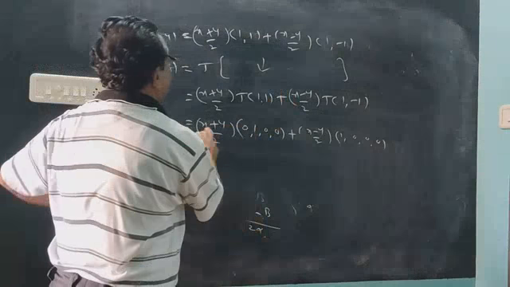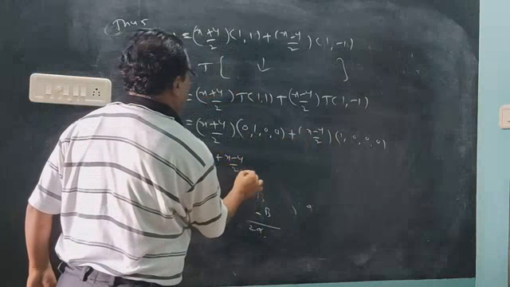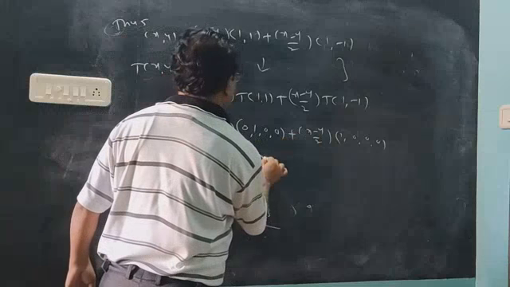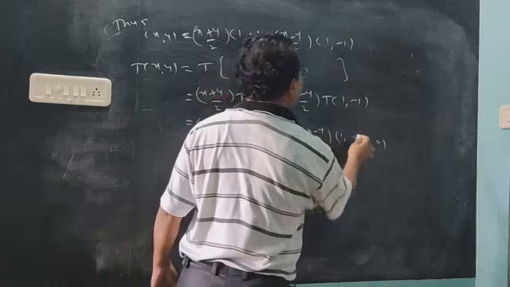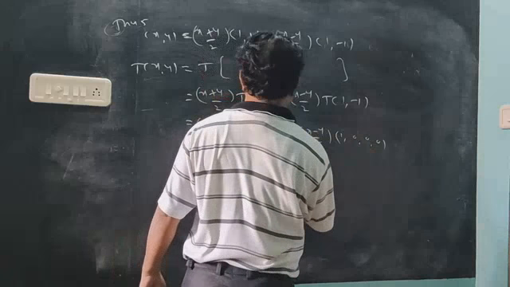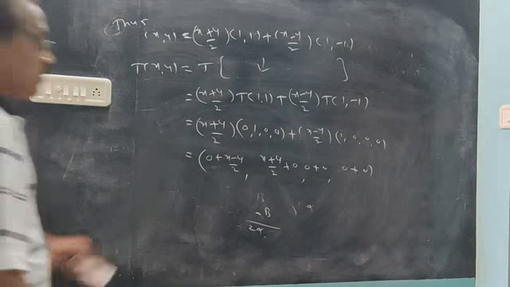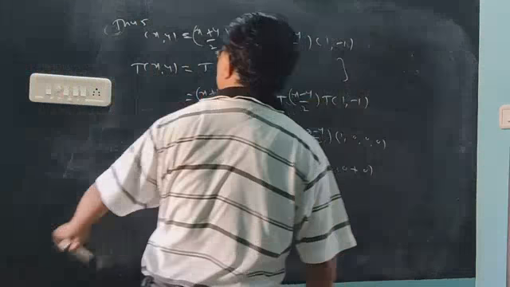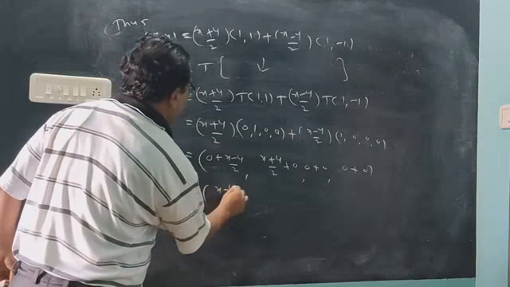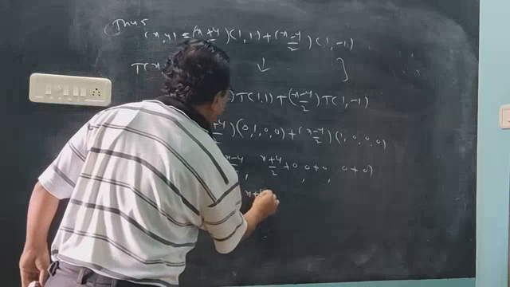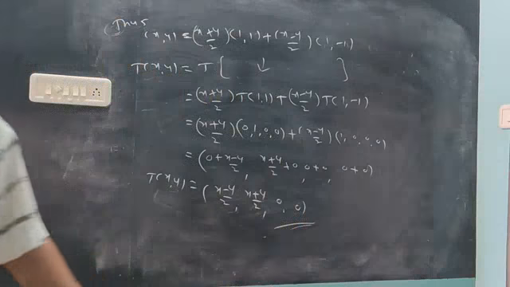Simplify: into (0, 0), into (1, 0), (x minus y) by 2, first position into 1, (x plus y) by 2, plus here 0, third 0 and 0, fourth 0 and 0. Therefore T of (x, y) will be (x minus y) by 2, (x plus y) by 2, 0 and 0. So this is one example.